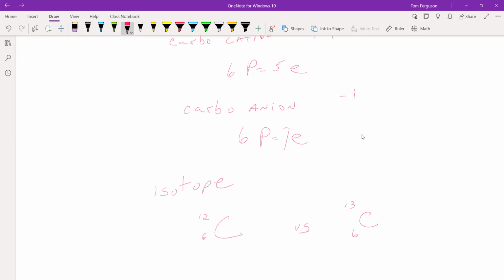Now, the way you're going to get used to writing elements, you've got to specify a couple things on the elements. Okay, carbon, this is the number of protons down here. So for this to be C, this has to be 6. No exceptions. This number up here, though, has the protons plus the neutrons.